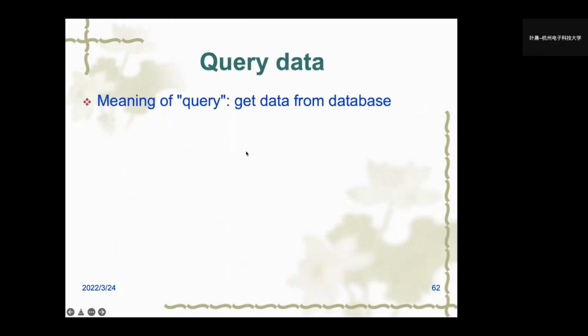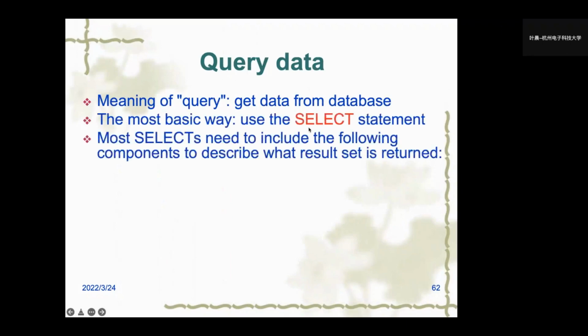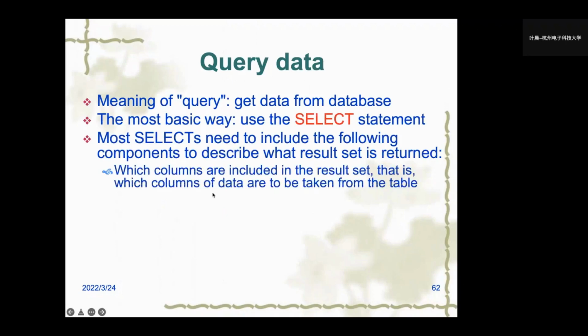First, let's see what it means to query data. The meaning of query is to get data from the database. So the most basic way is to use the select statement. And most select statements need to include the following components to describe what result set is returned. For example, which columns are included in the result set, that is, which columns of data are to be taken from the table.